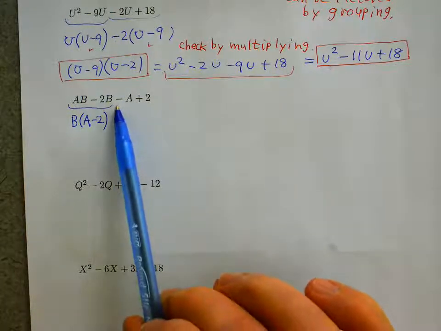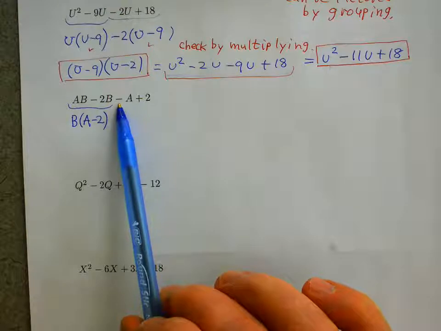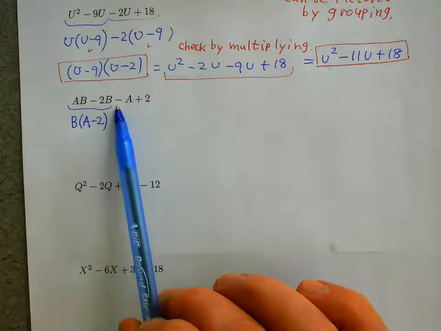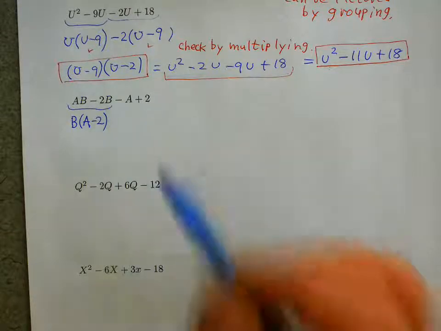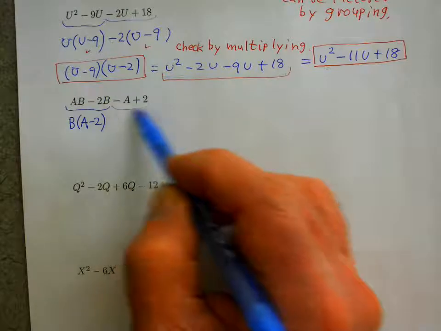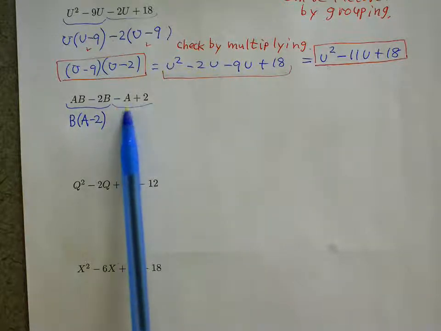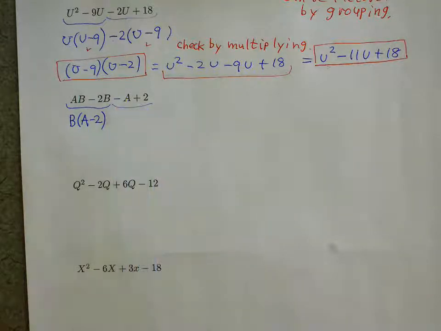The middle operator is subtraction. So if the middle operator is subtraction, when we group the third and fourth terms, we want to factor out the negative of the greatest common factor. So the greatest common factor of a and 2 is 1.